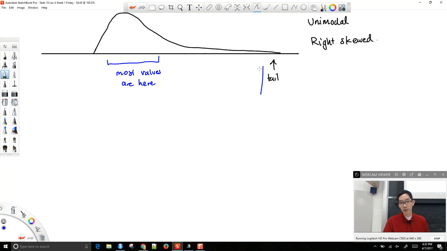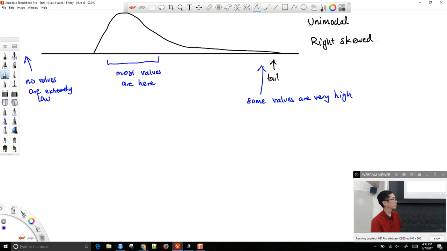We have some values that are very high. But if we go in the opposite direction, we have no values that are extremely low. So an example of data that is right skewed is income.